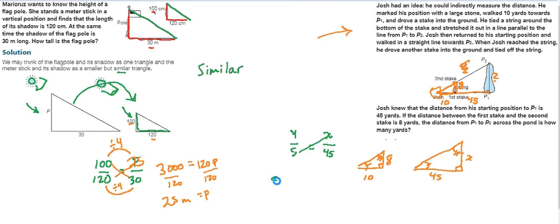Then 5x is 4 times 45. Divide by 5 means x equals 4 times 9. x is 36. You could have also said if 5 times 9 is 45, 4 times 9, because these are all nice and even, is 36.